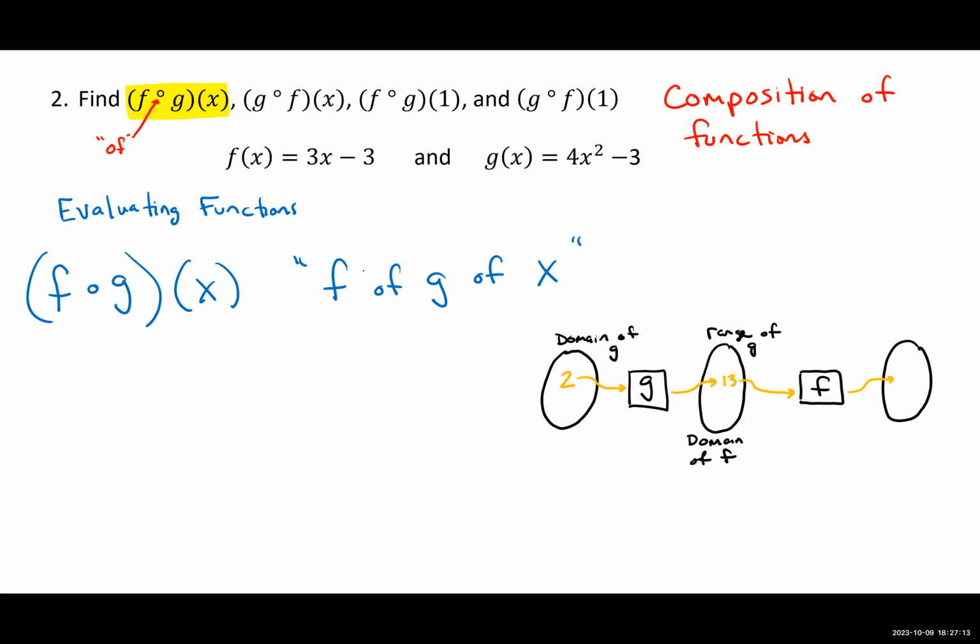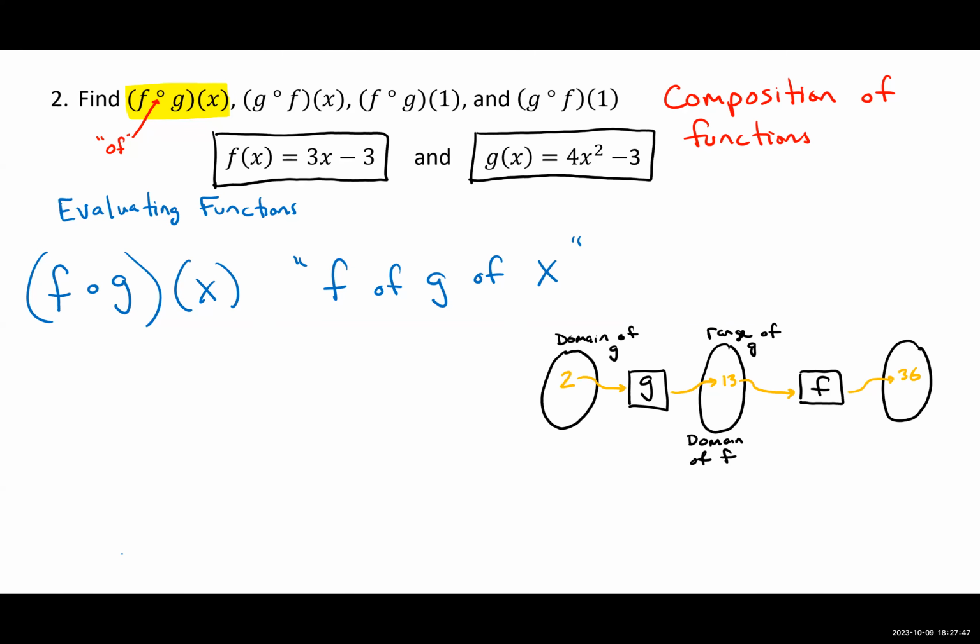The f function is 3x minus 3. So the f function takes a number, multiplies it by 3, and then subtracts 3. So 13 times 3 is 39, and when you subtract 3, you get 36. So 2 goes into the g function, becomes 13, and then that 13 goes into the f function and becomes 36. So it's a two-step function.